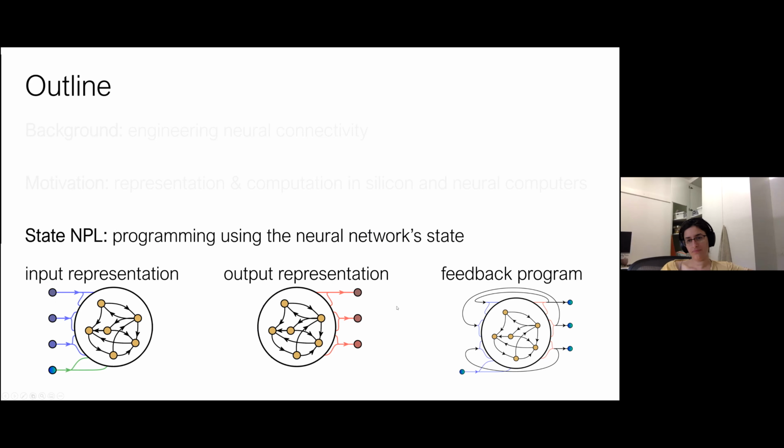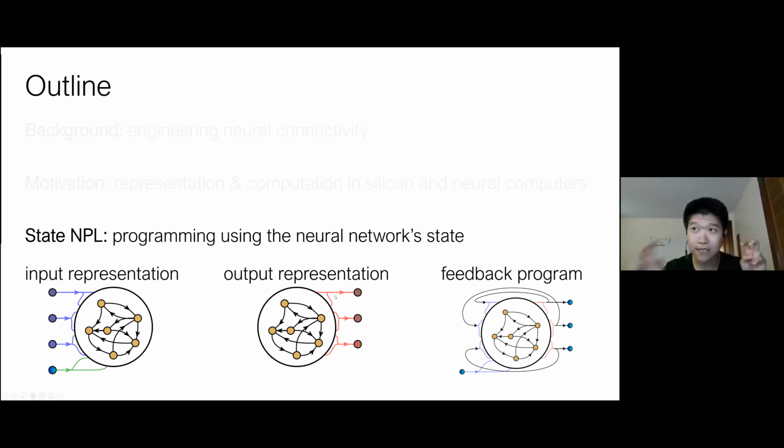And then by feeding the outputs back as inputs, what that effectively translates to is changing the connectivity of the neural network in such a way that those symbolic output representations are set equal to the symbolic input representations. And that means that this neural network, through this feedback, is able to solve some algorithms.